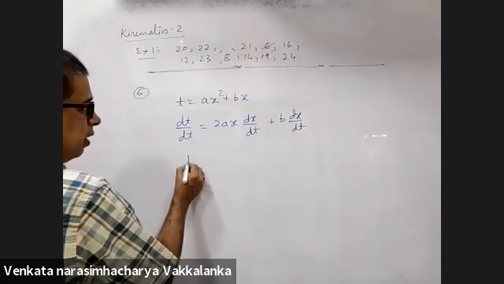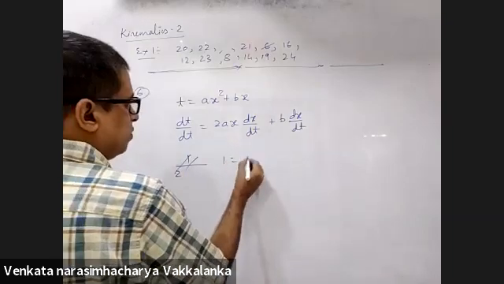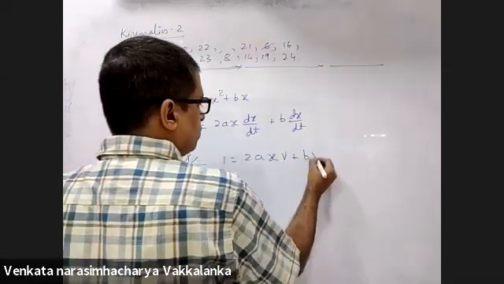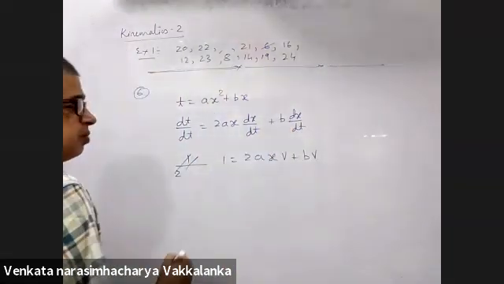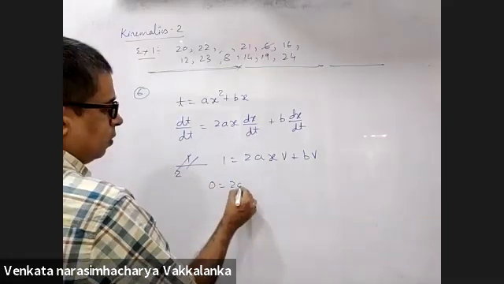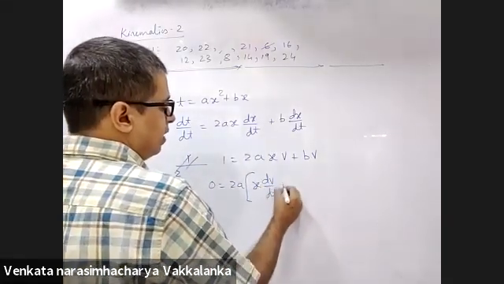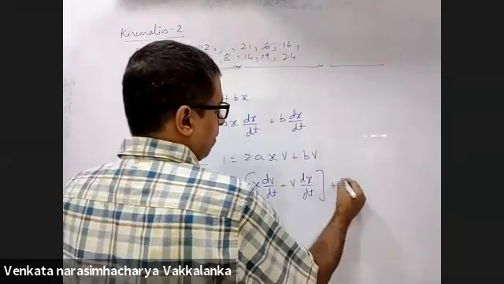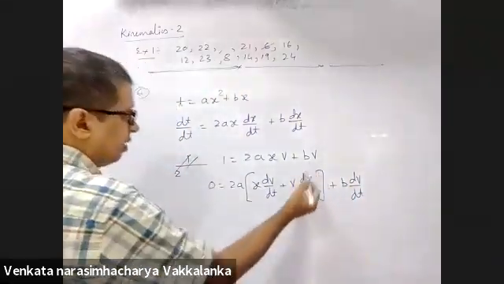Right? 1 is equal to 2axv plus b into v. Again differentiate this with respect to t. 0. 2a is common. x into dv by dt plus v into dx by dt, plus b into dv by dt. What is dx by dt?